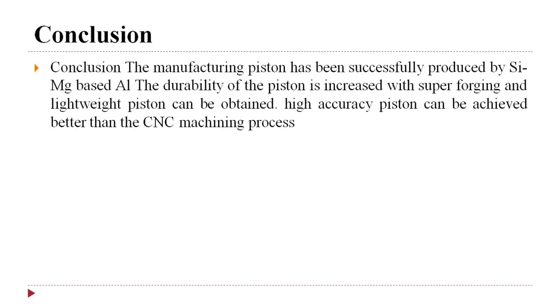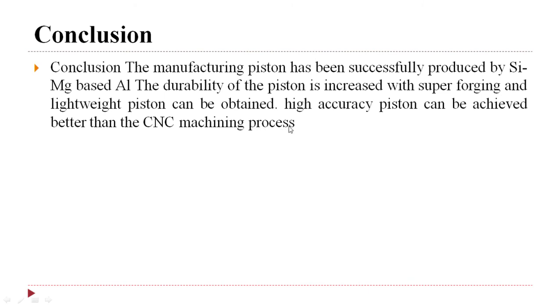Lastly, I conclude that the piston has been successfully produced from a silicon magnesium based aluminum alloy. The durability of the piston is increased with super forging, and a lightweight piston can be produced. A higher accuracy piston can be achieved, better than the CNC machining process.